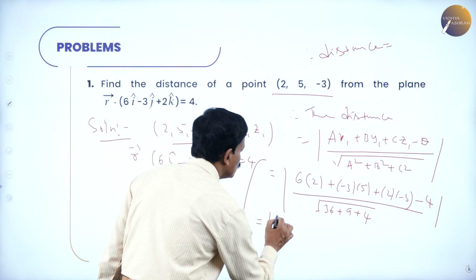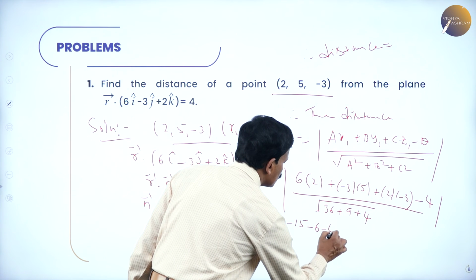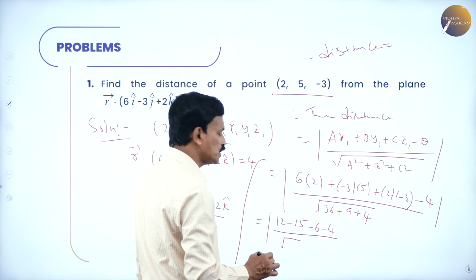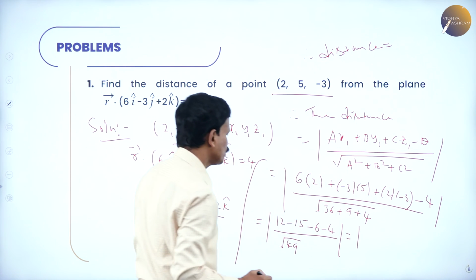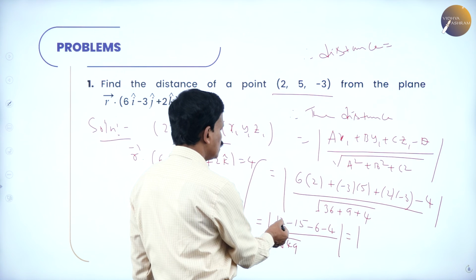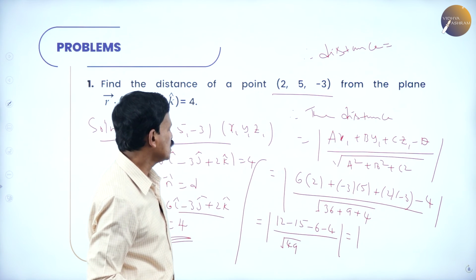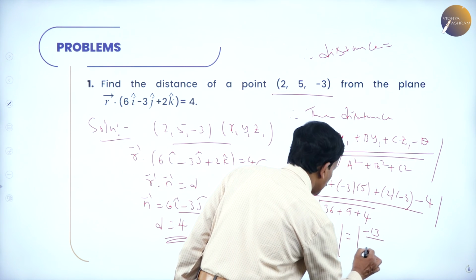This is equal to 6 twos are 12 minus 15 minus 6 minus 4, divided by square root of 36 plus 4 is 40 plus 9 is 49. This is equal to modulus of 12 minus 15 is minus 3, minus 6 is minus 9, minus 4 is minus 13. Minus 13 divided by 7.